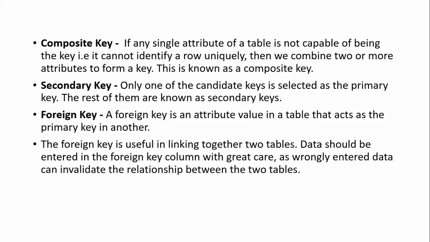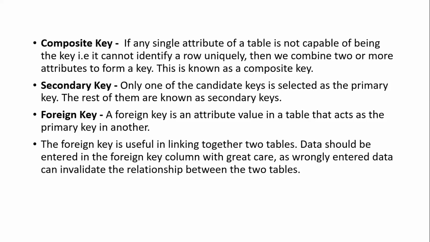You can't use employee name as primary key, because there can be people with the same name. So in such situations, you have to use a combination of keys. That means you have to use two keys or three keys combined together to uniquely identify a row in a relation. Such a type of key is called a composite key.